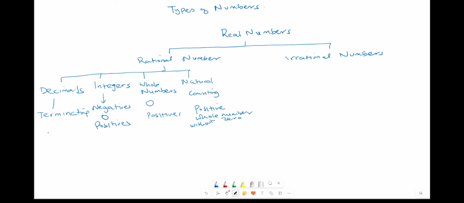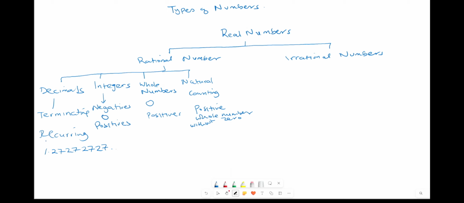So I can have what we call recurring decimals. An example, 1.27272727. It goes on and on and on. It does not terminate, but we can see a structured pattern in the numbers that follow the decimal point.